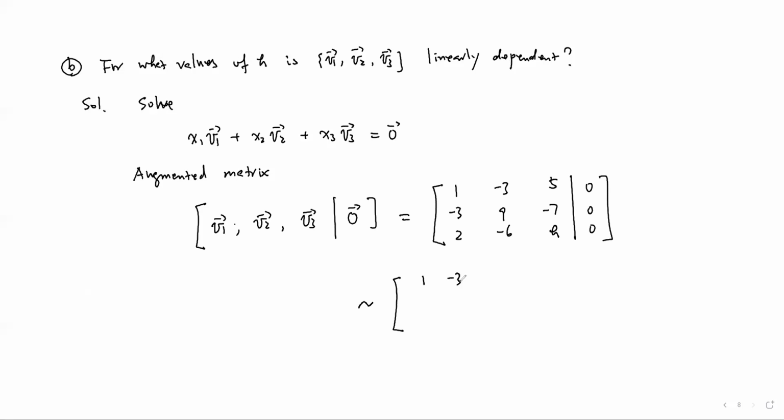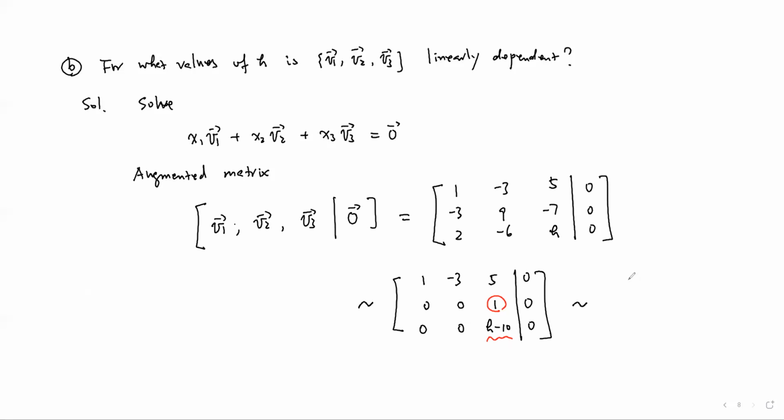1, 3, 5, 0, 0, 0, 1, 0, 0, 0, h minus 10, 0. This matrix is not in echelon form yet. Again, I use this number to eliminate this number. Negative h minus 10 times row 2 added to row 3.